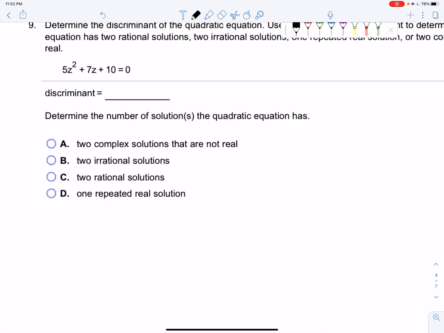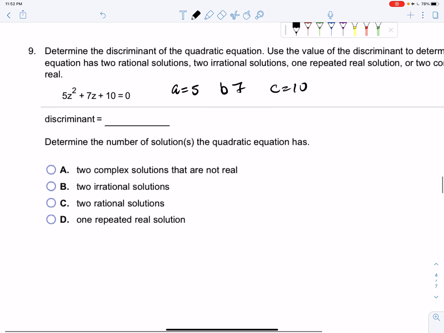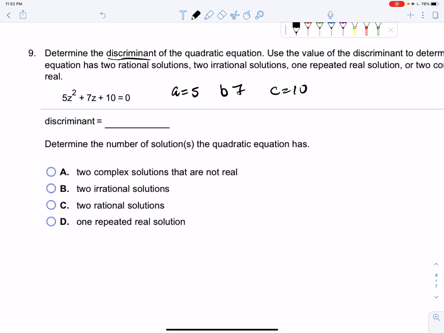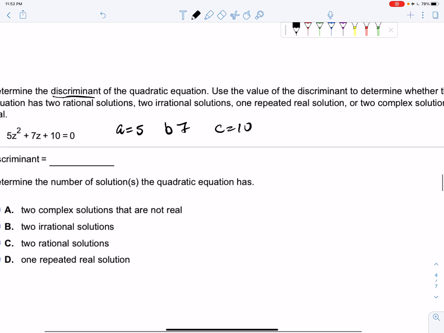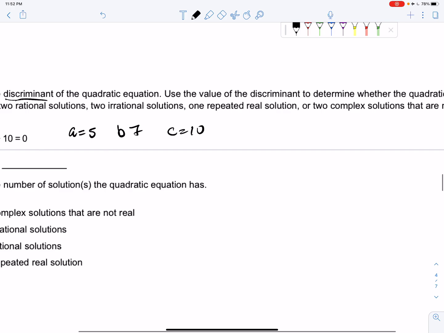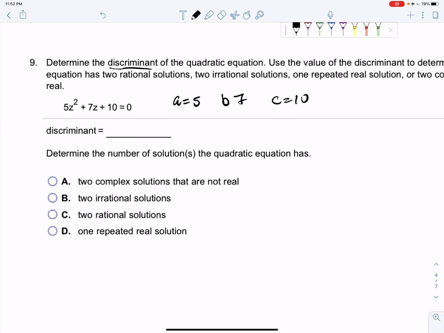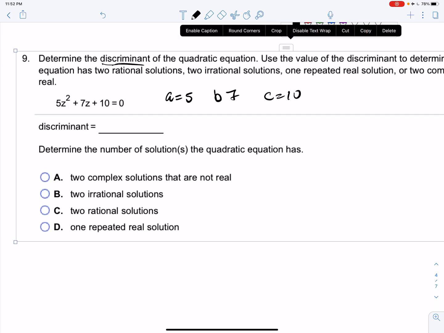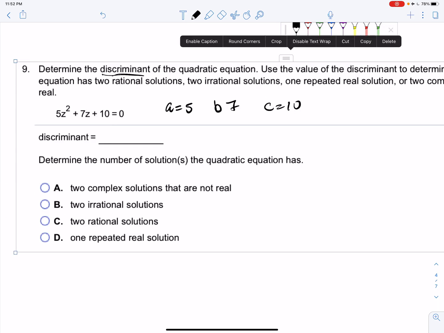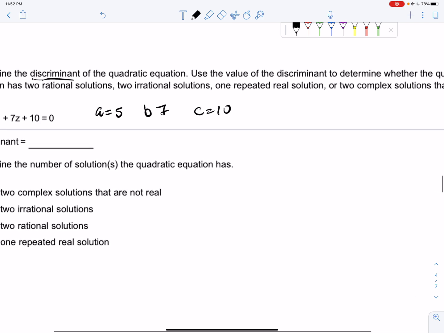So it's in standard form, so A equals 5, B equals 7, and C equals 10. Once again, they're asking us to determine the discriminant of the quadratic equation. Use the value of the discriminant to determine whether the quadratic equation has two rational solutions, two irrational solutions, one repeated real solution, or two complex solutions.